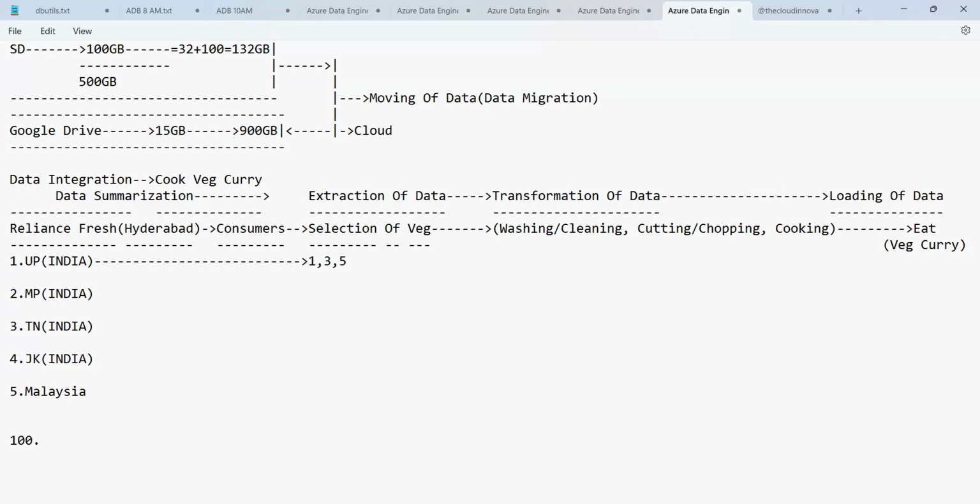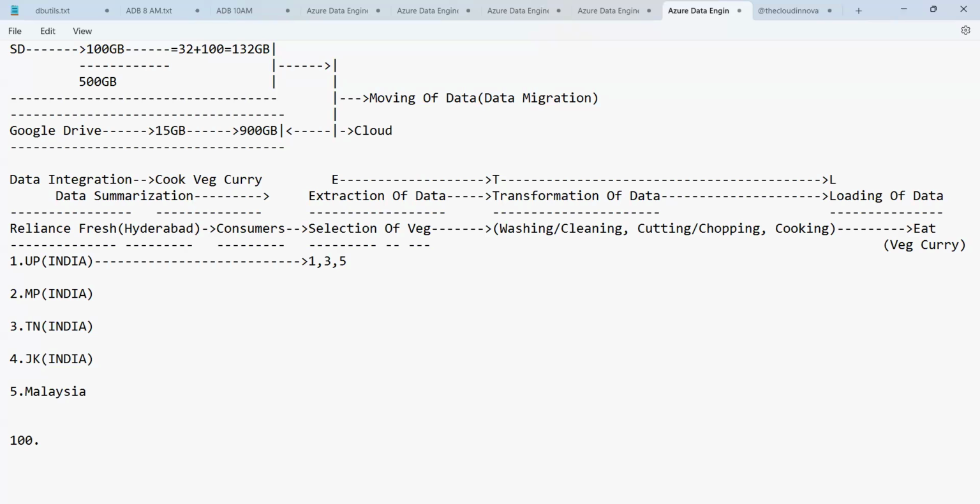So, guys, in short, can we say the process as E, T, L? In fact, we say it as ETL, which stands for extraction, transformation, and loading process, guys.